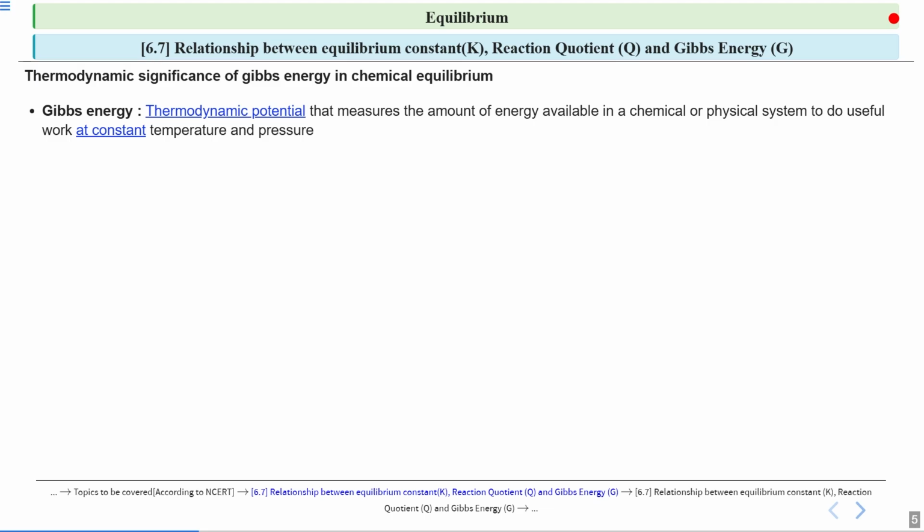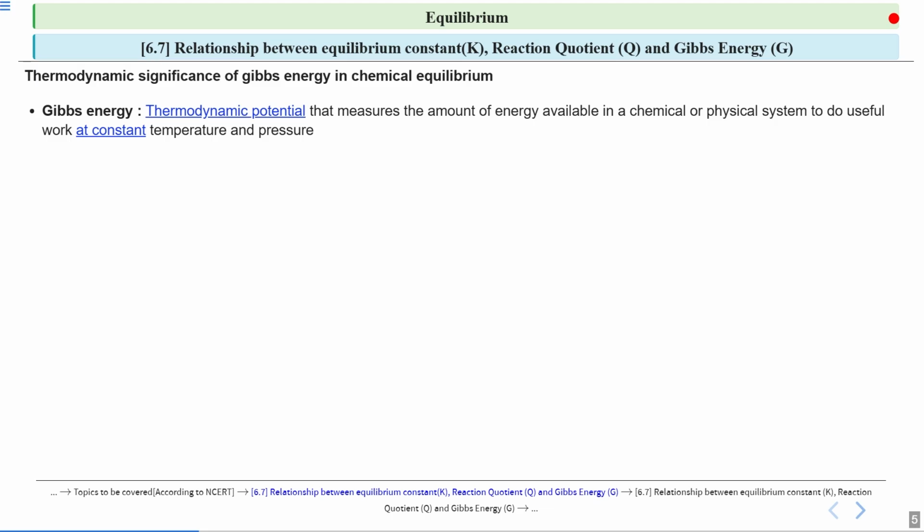Suppose you have 10 kilojoule of energy and you use 5 out of it, then the final energy you are left with is 5. If you subtract final minus initial, you get a negative value, which means the change will always be negative. Similarly, if you want to do a chemical process involving thermodynamic systems, your Gibbs energy must undergo a negative change.